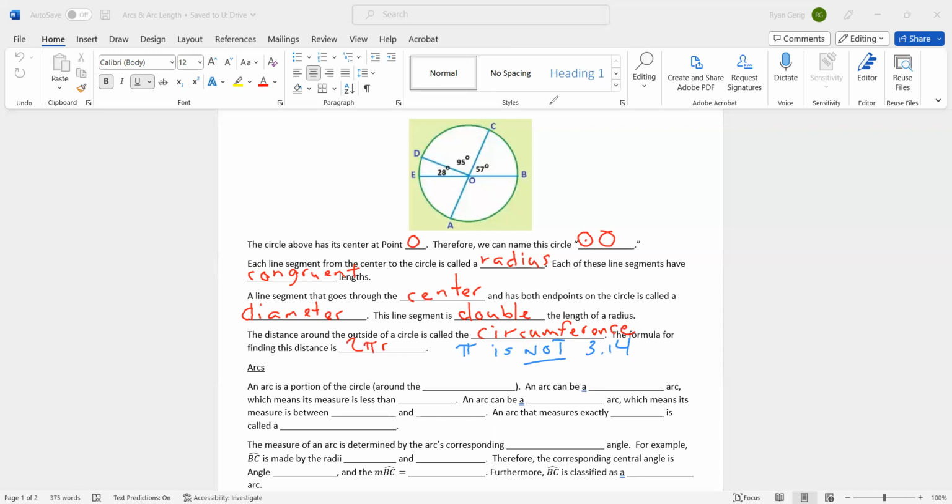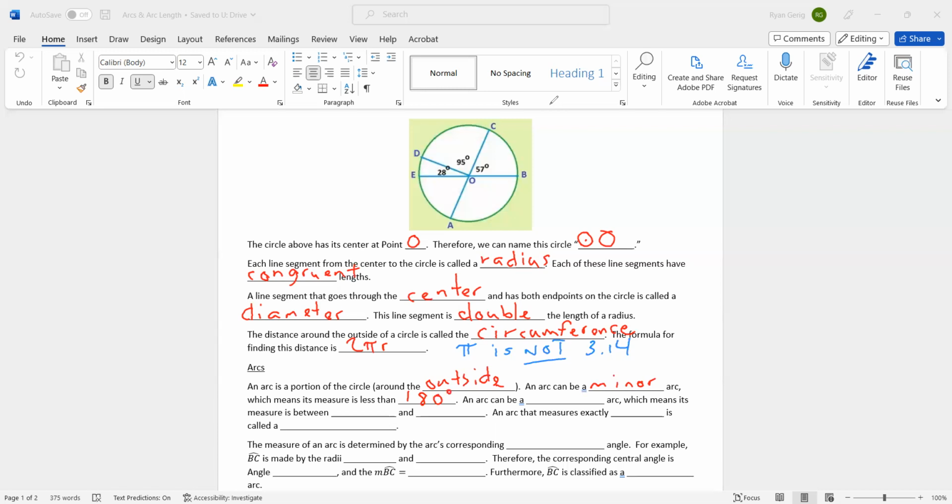Now arcs. An arc is a portion of the circle around the outside. An arc can be a minor arc, which means its measure is less than 180 degrees.